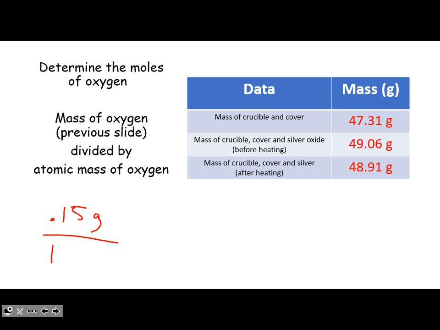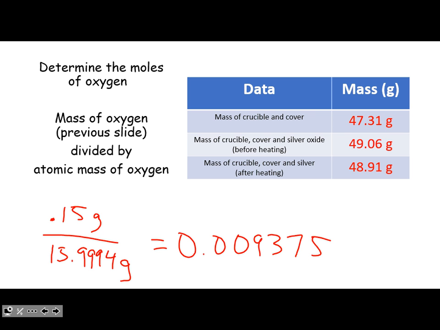Well, it is 15.9994 grams. So when I take my calculator and I get 0.15 and I divide it by 15.9994, it gives me a value of 0.009375. That should be plenty.